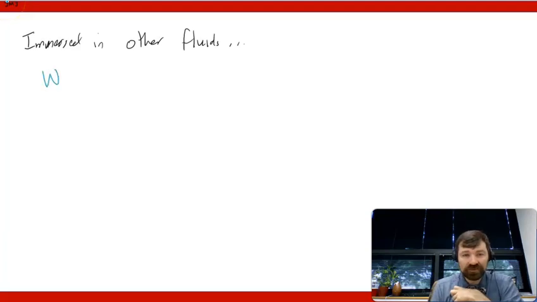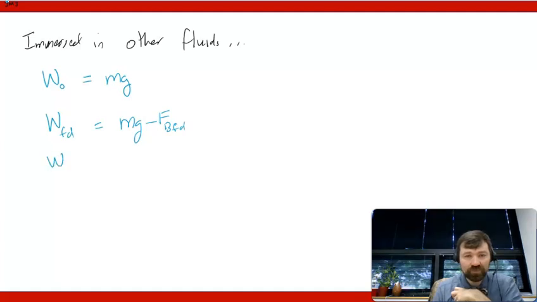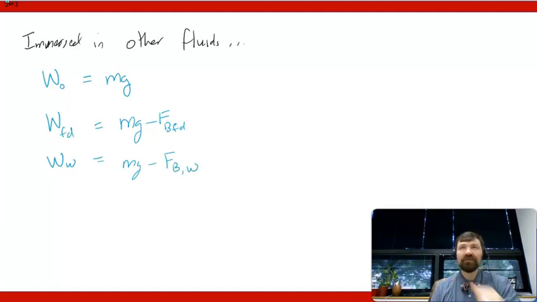So in this case, weight when not immersed, we could say W0, which is m times g. We could have W in some other fluid, that would be mg minus the buoyant force for the fluid, and we would have the weight while in water, which is mg minus Fb water.